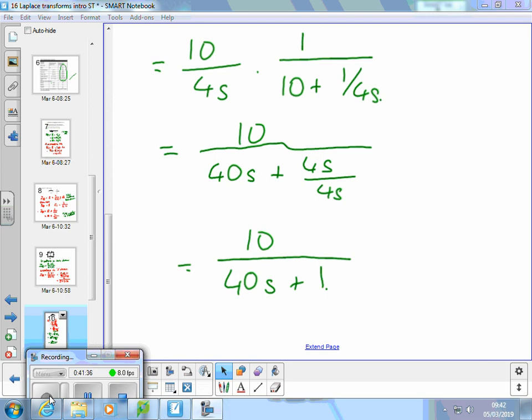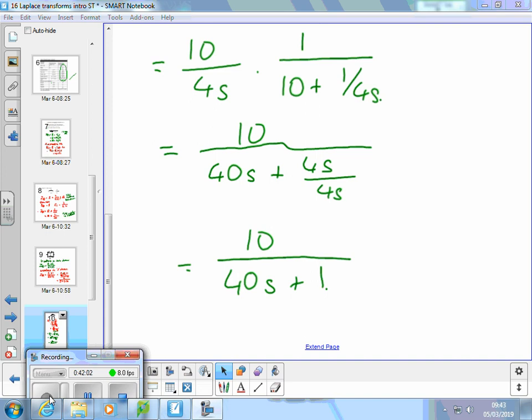Can we do anything else with that? What we usually want is s without a multiplier.